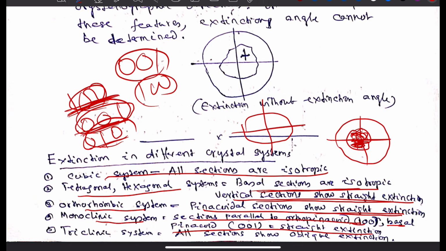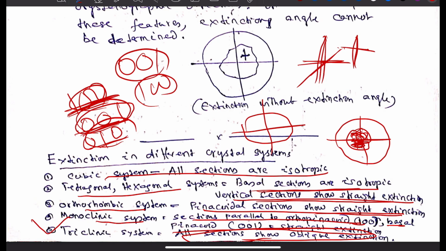In the triclinic system, as the three axes are all inclined, we can never get a condition where the vibration direction of the mineral section matches the crystallographic direction. That's why they do not show straight extinction. They all show oblique extinction. So all sections of the triclinic system show oblique extinction.